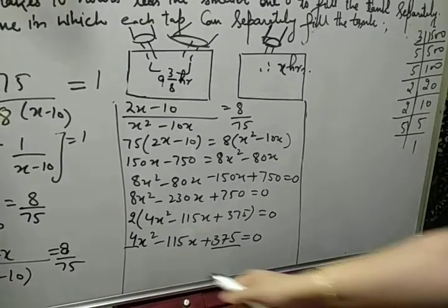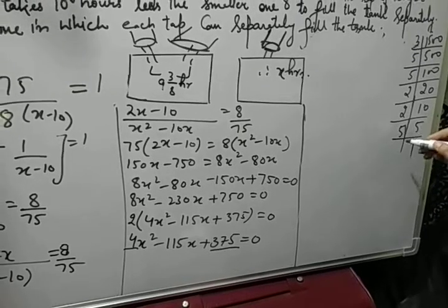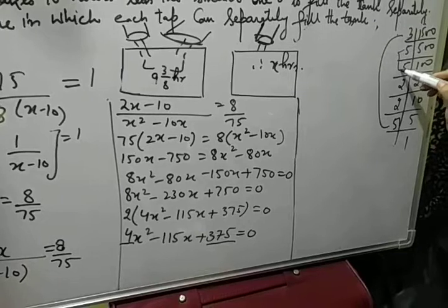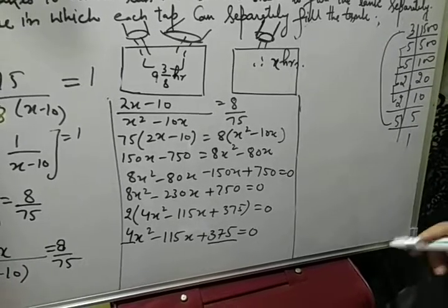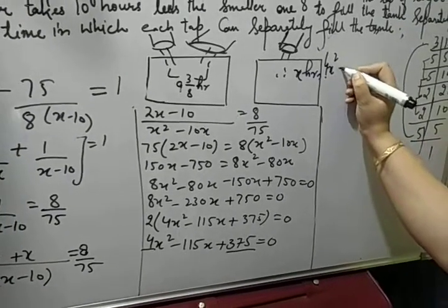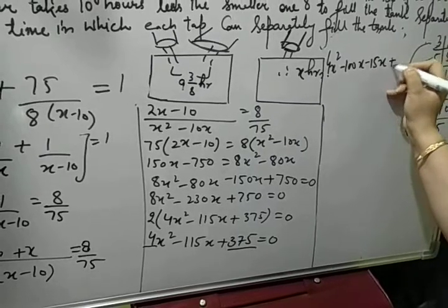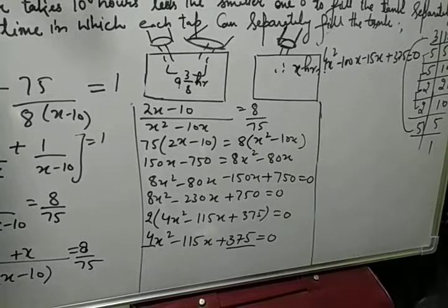Again we have to split this middle term. Let us see how we can split this middle term. 5 3s are 15, 5 5s are 25, 25 2s are 50, 50 2s are 100. It means 100 plus 15, right? So 4x square minus 100x minus 15x plus 375 is equal to 0, because minus minus gives plus.